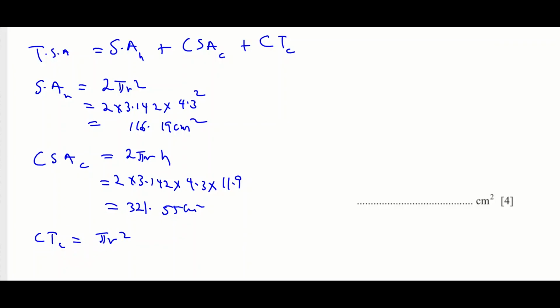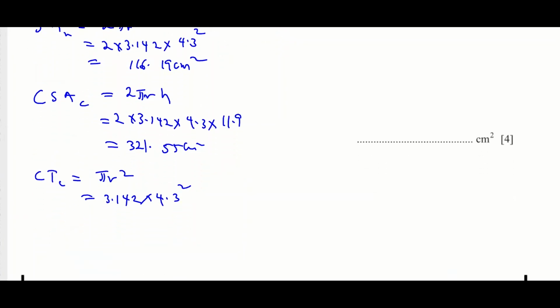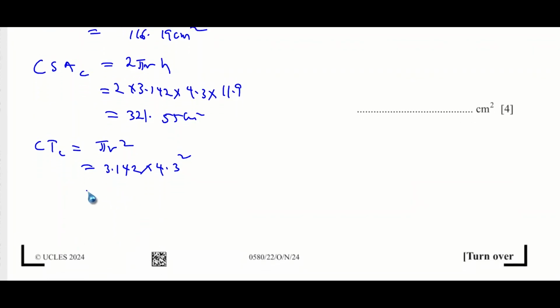Then the area of the circular top of the cylinder is the area of a circle, that is pi r squared. This will be 3.142 times 4.3 squared. If you input this into your calculator, you should get 58.10 centimeters squared.